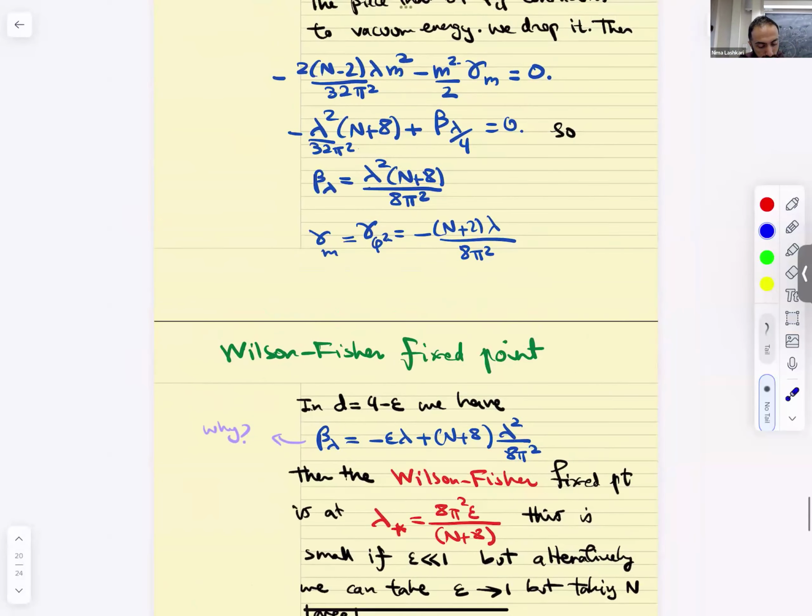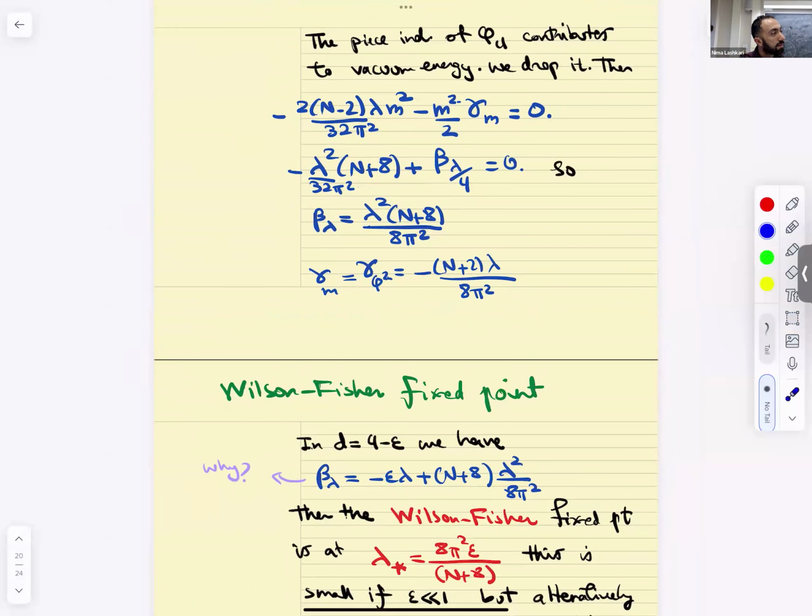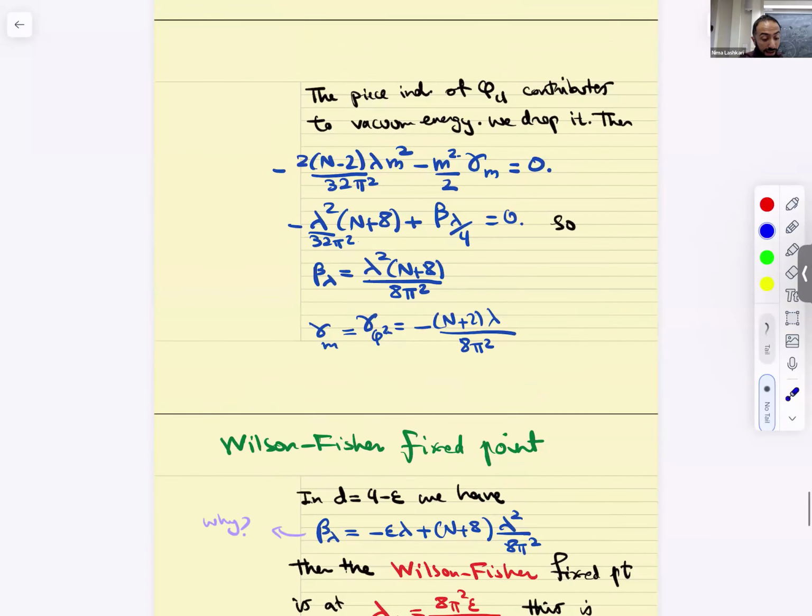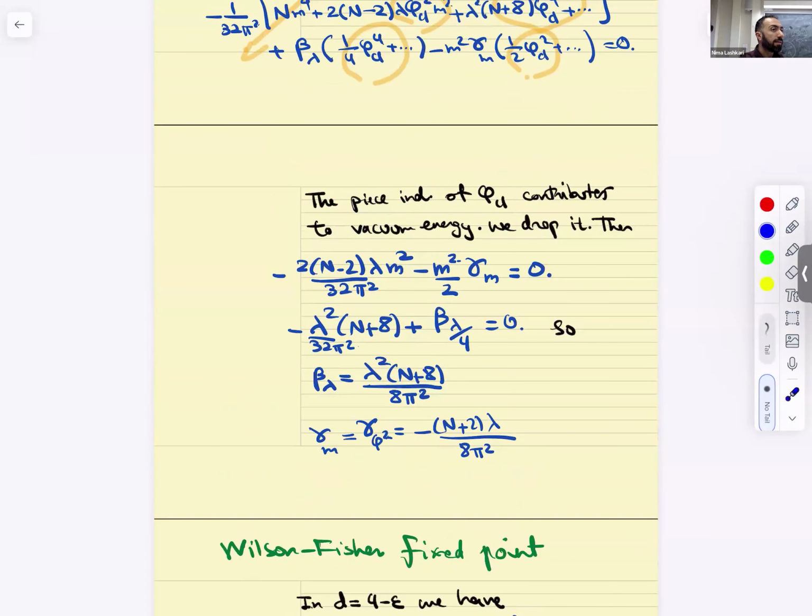Like if I produce, say, lambda cubed, lambda, in D equal 4, there won't be a fixed point. Why? You already know it. We did that. We already said that for lambda to the fifth and higher, there are no relevant terms for scalar field theory in D equal 4. There are no non-trivial theories. Right?